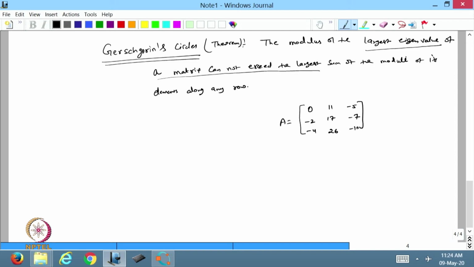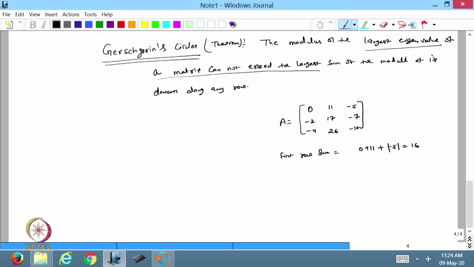In this case, I will find the sum of the first row, with moduli, because it gives the modulus value.